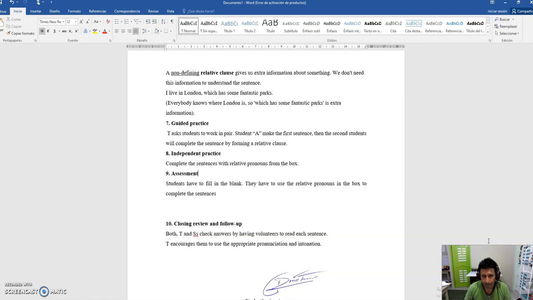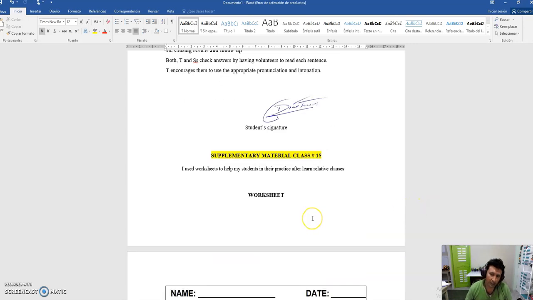So here, both teacher and students, me and the students, we will check answers by having volunteers read each sentence, and I will encourage them to use appropriate pronunciation and intonation, because it's very important.